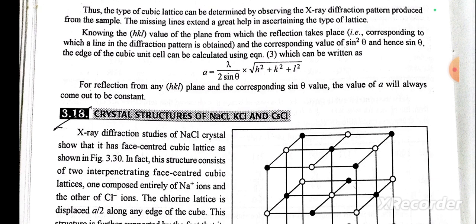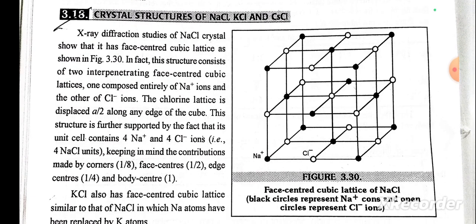For the reflection from any plane and the corresponding sine theta value, a will always come out to be constant. Crystal structure of NaCl, KCl and CsCl.